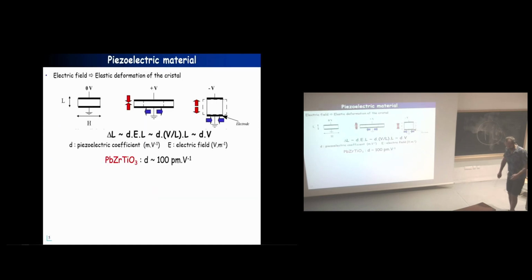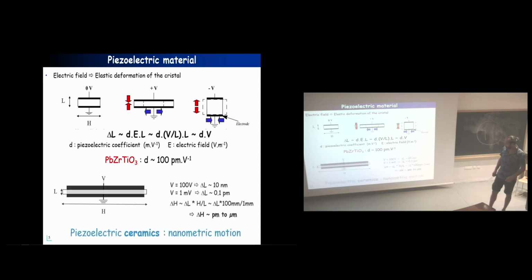Okay, so you all know what a piezoelectric is. You apply an electric field, you obtain deformation. And if you take the most popular piezoelectrics used for this kind of application, the piezoelectric coefficient is about 100 picometer per volt. So if you apply 100 volt, you get 10 nanometer distortion, 1 millivolt, 0.1 picometer.